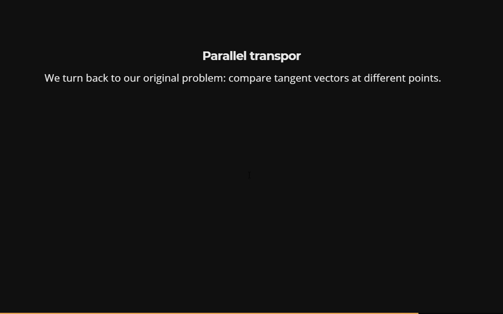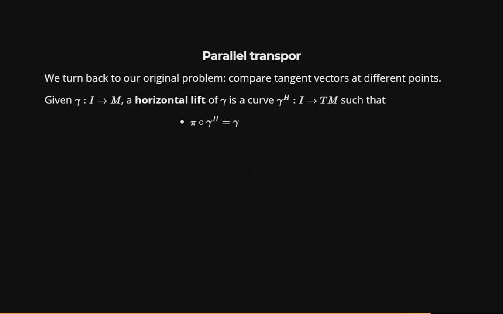Now, another thing. Parallel transport. So the answer to the original question we started our lecture with: how to compare tangent vectors at different points, because that was the original question. Now, given a curve, a horizontal lift is a curve into the tangent bundle such that if you project it down from the tangent bundle, you get the original curve.